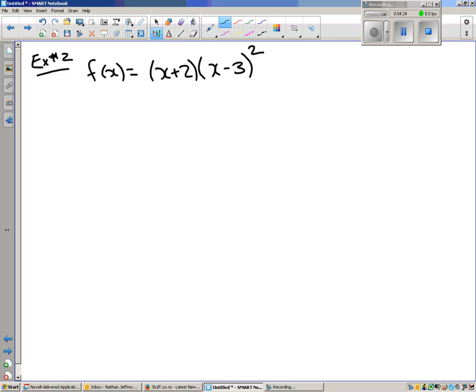If I want to put it in a form that you might be more used to, I'm just going to expand it out a little bit. So what are some things we know about the characteristics of this polynomial? What are our zeros?